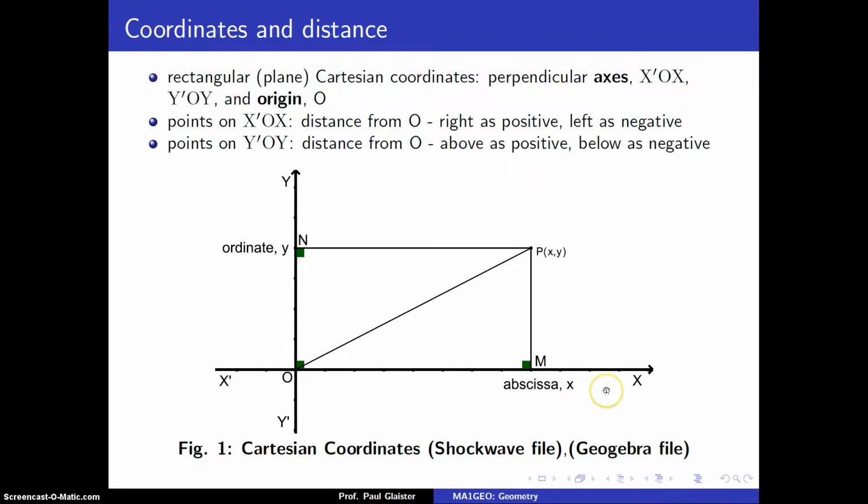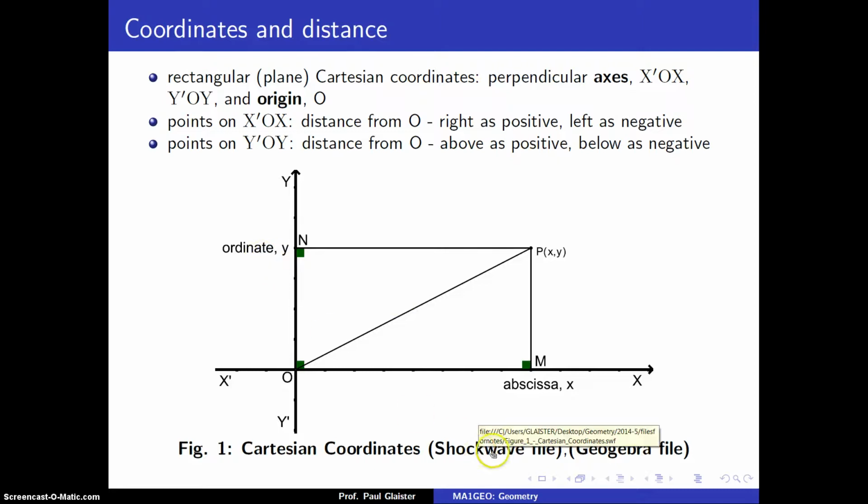Typically one calls the x-coordinate of any point P, which is described by the shortest distance from P to the y-axis, the abscissa, and the shortest distance in the vertical direction from P to the x-axis, the length PM, the y-coordinate, is called the ordinate.